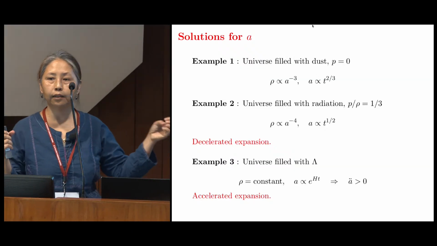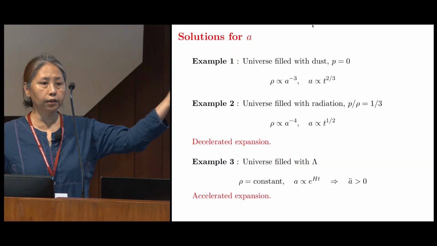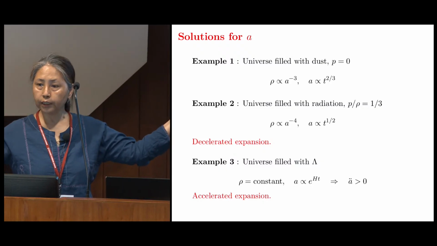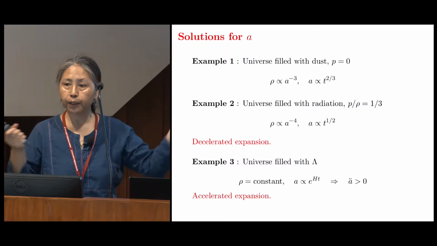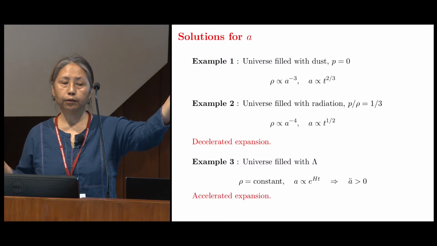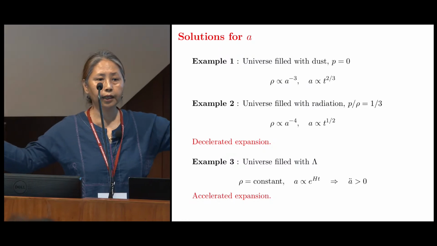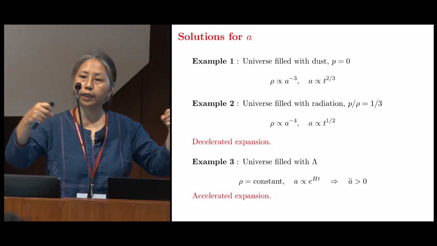The word people use in the context of cosmology is dust, but it does not mean it is like the dust particle. It means the galaxies, because we are looking at large scales, galaxies are like dust particles, which means they do not exert force on each other, they are far away, and so you can take its equation of state to be 0.